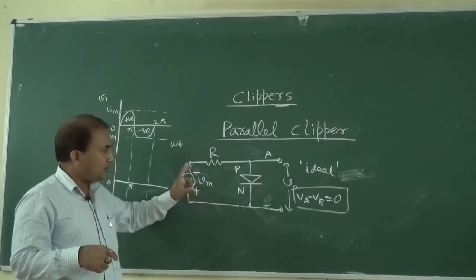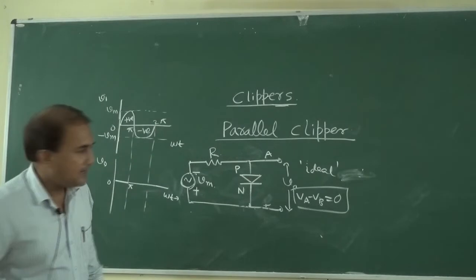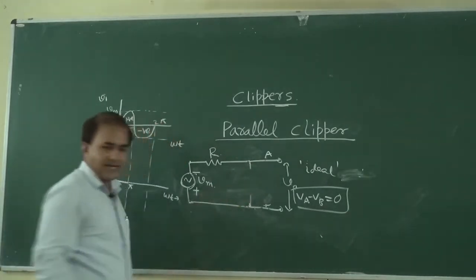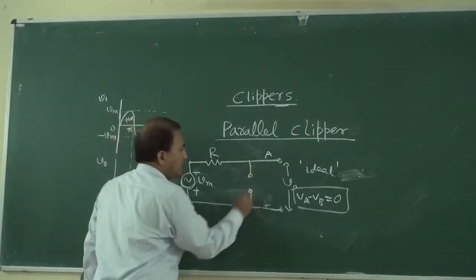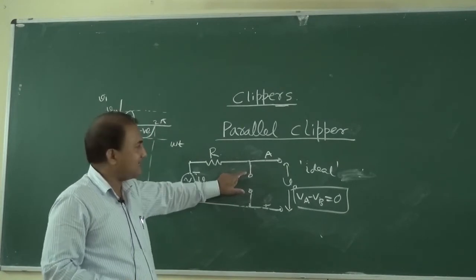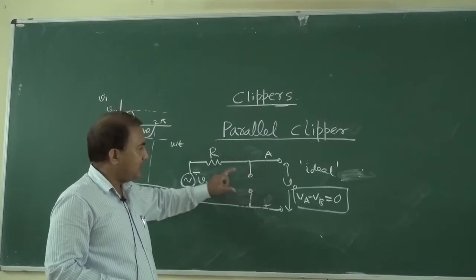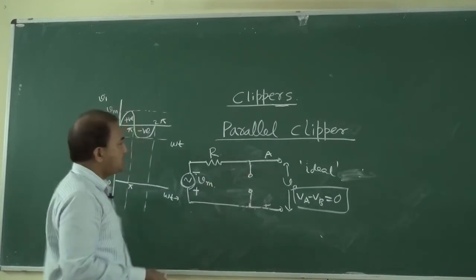Due to this, the diode is in reverse bias condition. In reverse bias condition, we can replace this diode with an open, because we are considering this as an ideal diode. In an ideal diode, in reverse bias condition, it can be replaced with an open.